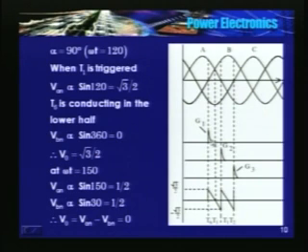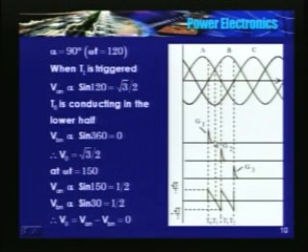The moment I trigger T1, it jumps to root 3 by 2. What happens after 30 degrees? At this instant, VAN is sin 150, that is half, and VBN is sin 30, it has become positive. So instantaneous value of VAN is the same as instantaneous value of VBN. So output voltage is 0.